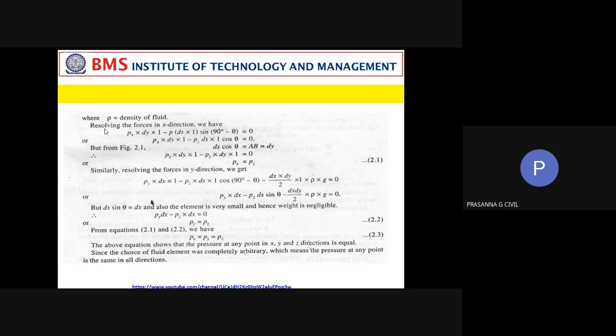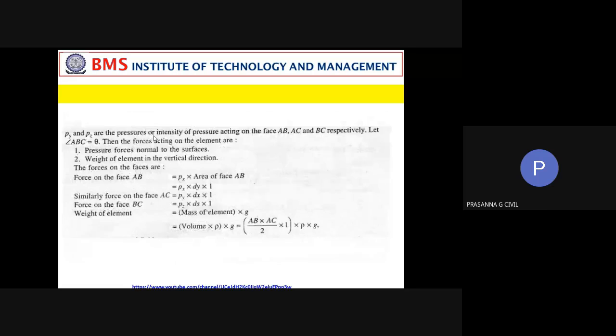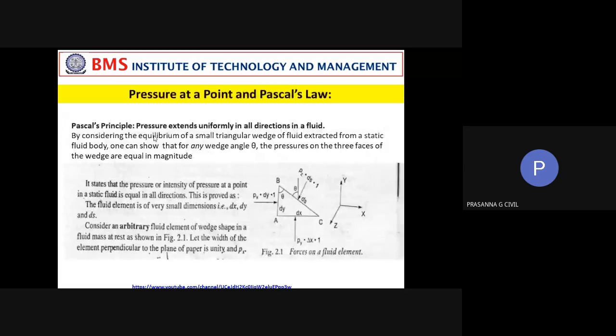Now resolving all the forces on the elemental area in the x direction, we will have px into dy into 1. You know that x was going towards the right. This figure should be there in your mind. This is perfectly rightward. This is perfectly upward, so it does not have an upward component.